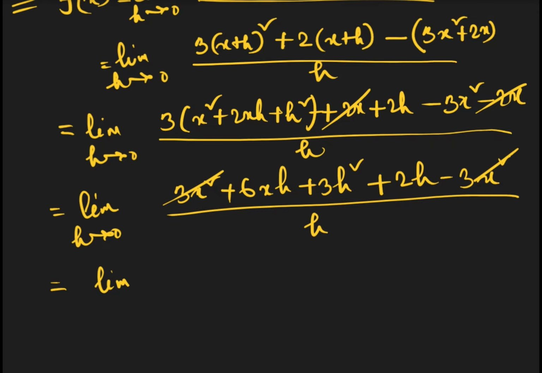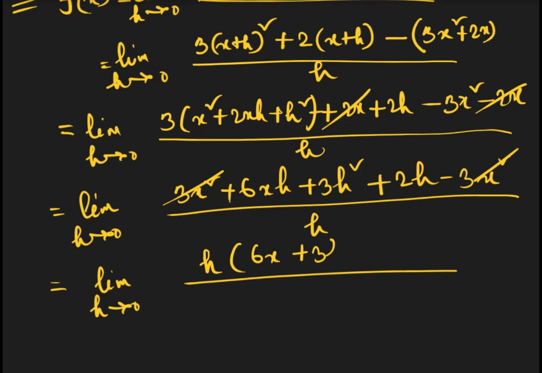Now it's time to do more simplification. So we have to take h common from these 3 terms. So if it is h, it will be 6x plus 3h plus 2, and of course here the h in the denominator.